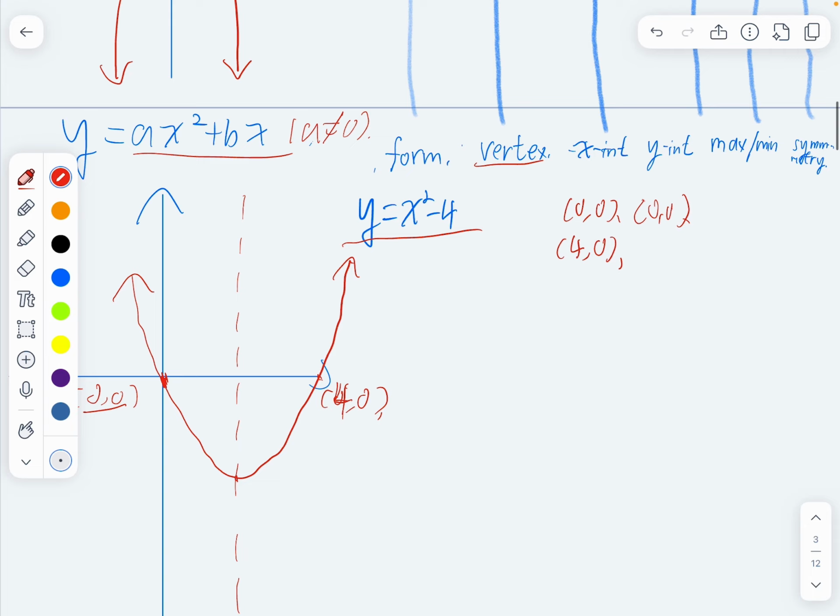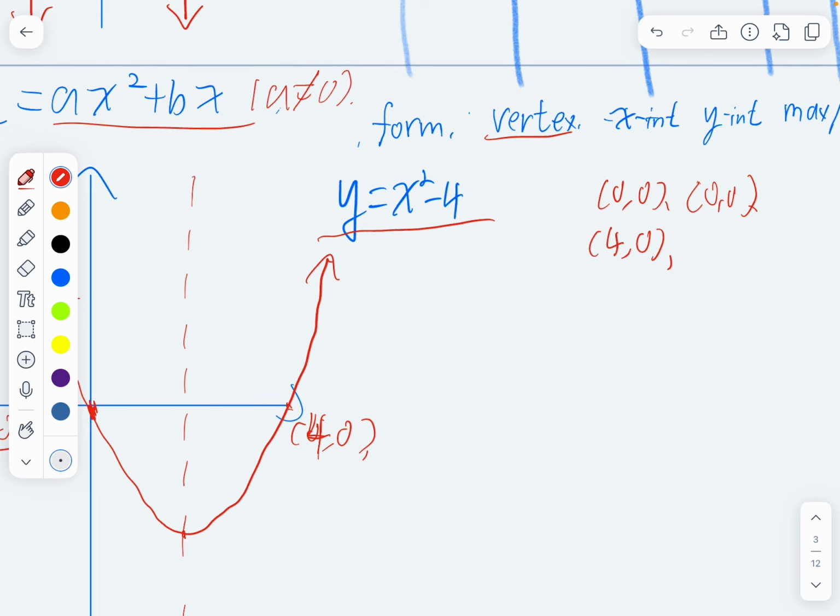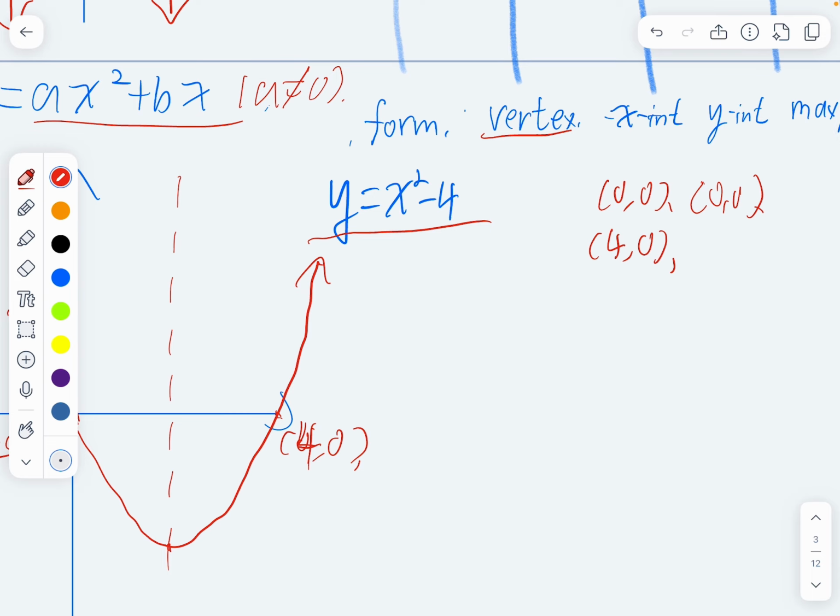Now let's talk about the vertex. We find the vertex using our last section's method. We add the x-intercepts together and divide by 2: (0 + 4) over 2 equals 2.